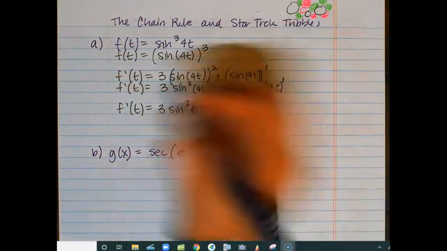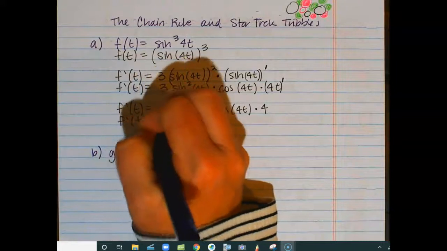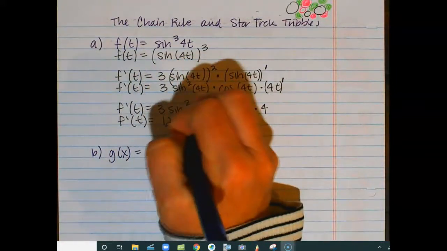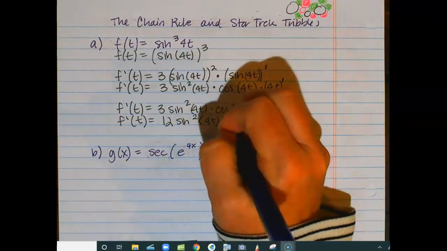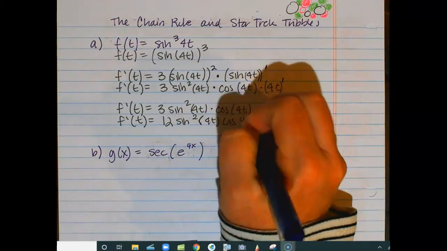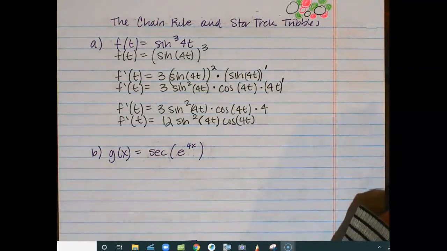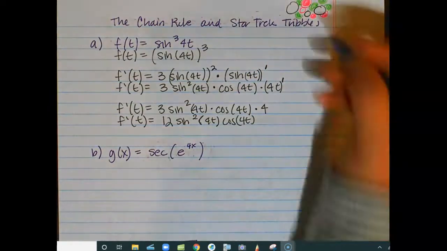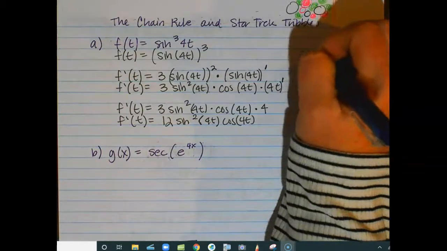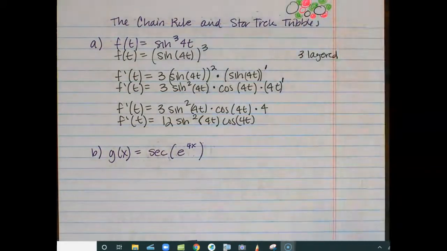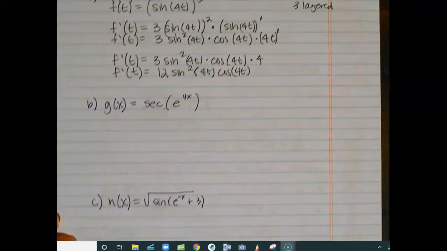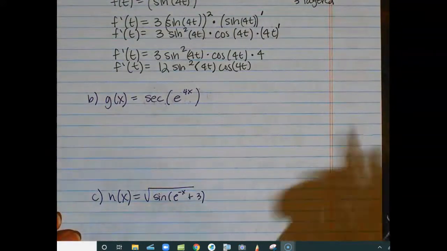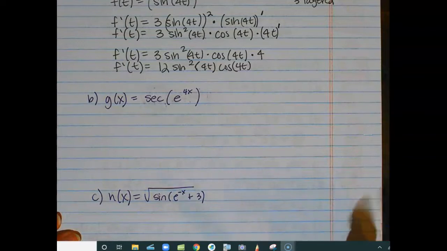And altogether, that will be f prime of t equals 3 times 4 is 12 sine squared of 4t cosine of 4t. So this was 3-layered. Mama, baby, and baby again. Let's try B. B has also got 3 layers to it.